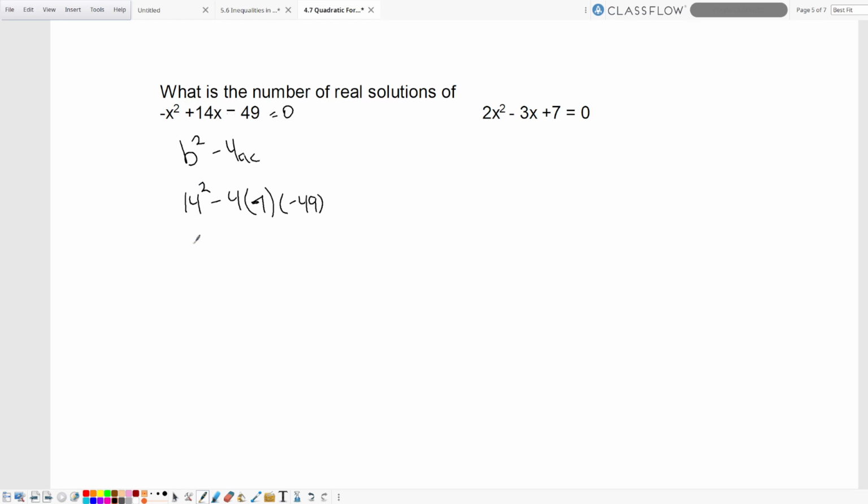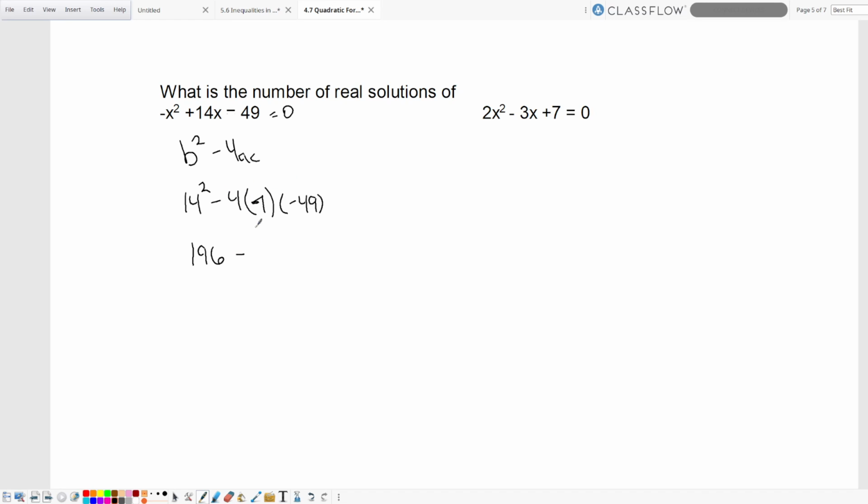So when we do 14 times 14, we should get 196. Then we have 49 times 4, and we have a bunch of negatives to deal with. We have 1, 2, 3 negatives. When you multiply 3 negatives together, you end up with a negative number.